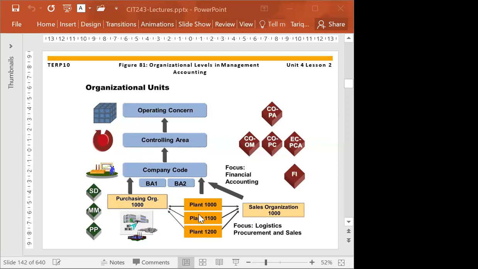We might be providing plumbing services, training services, technical services, electric services. That happens at the plant level. So we are getting transactions from purchasing, from plants, and from sales to our controlling area.